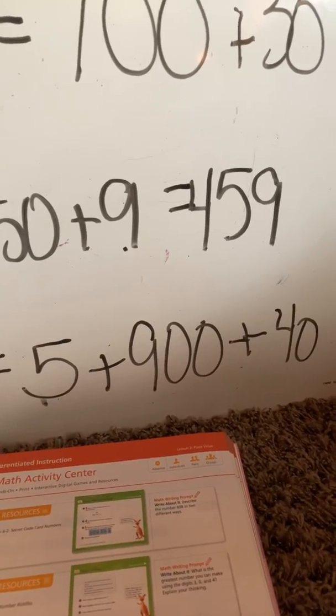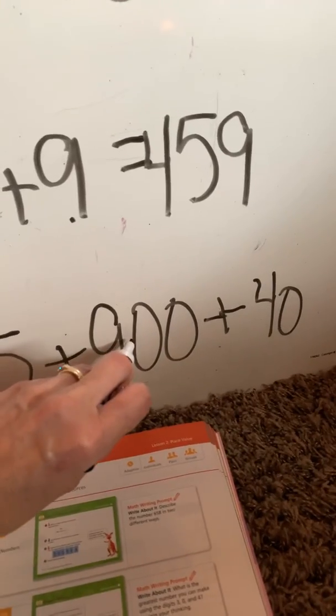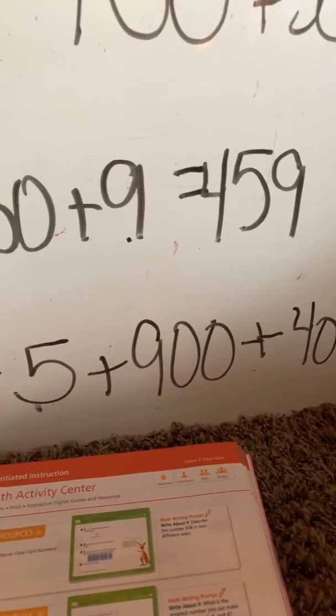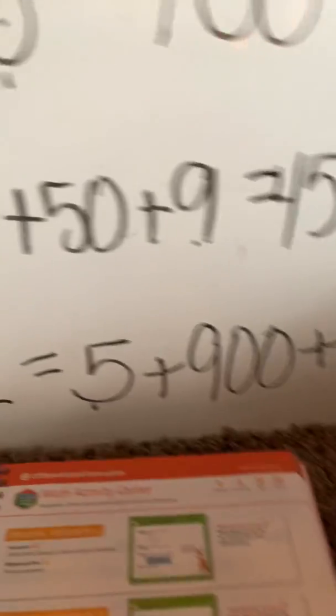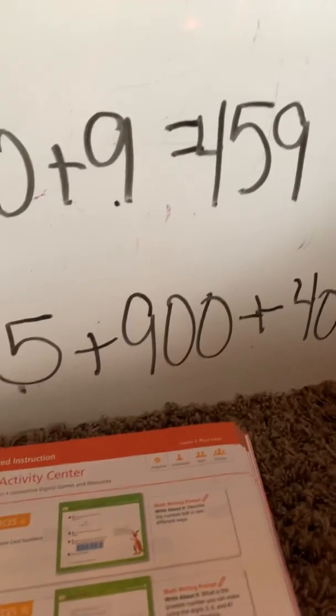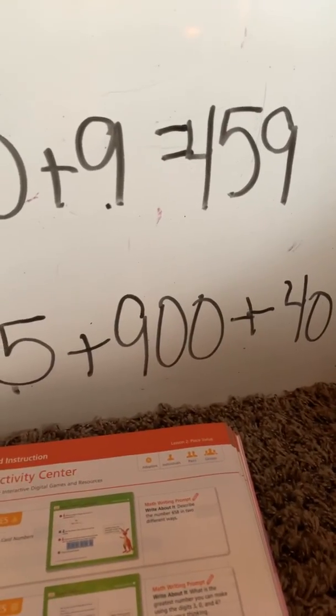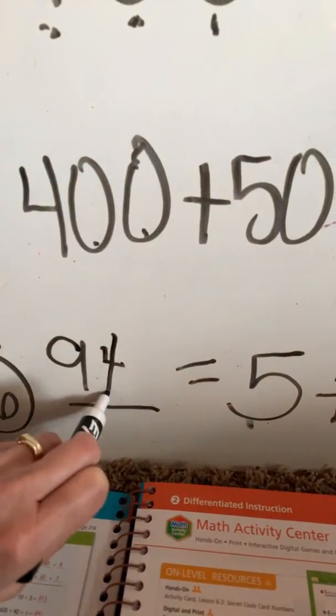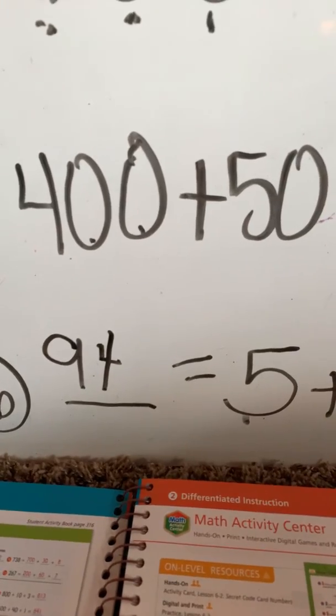You do it the same way. You just start with the hundreds. So how many hundreds, boys and girls? Yes, 9. We put that first, 9. Then we look at the 5 or the 40. You're right, the 40. So then 40 would come next, and we write that in the tens place. 4 tens makes 40.